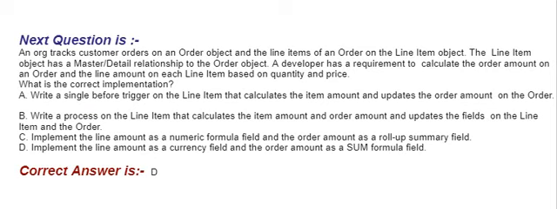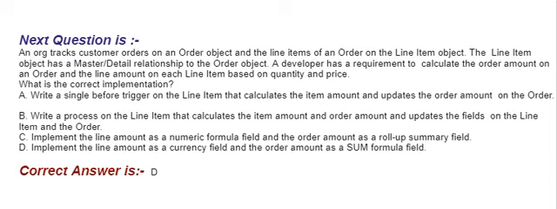Coming to the next question. An org tracks customer orders on an order object and the line items of an order on the line item object. The line item object has a master/detail relationship to the order object. A developer has a requirement to calculate the order amount on an order and the line amount on each line item based on quantity and price. What is the correct implementation?